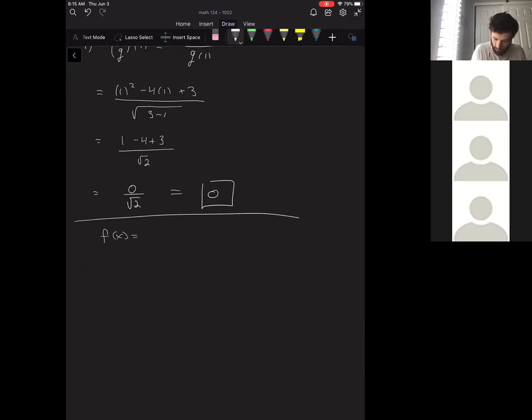So f of x now is x squared, and g of x is equal to square root of x minus 3. So let's just choose a couple from 10 through 19. We're going to use these for the following questions.